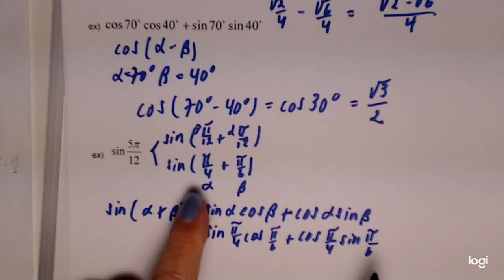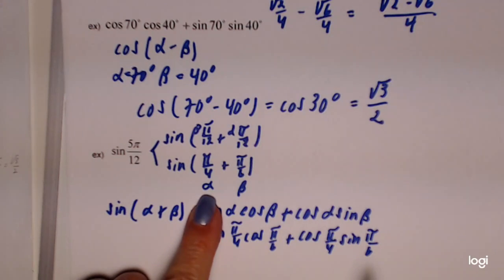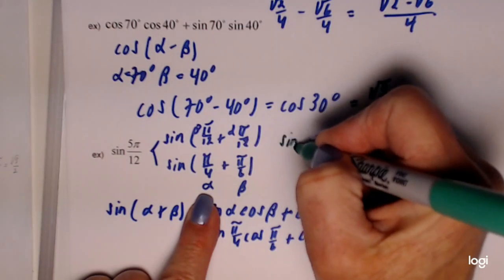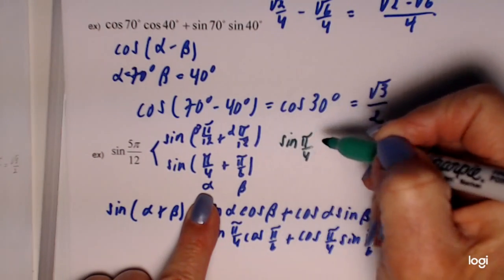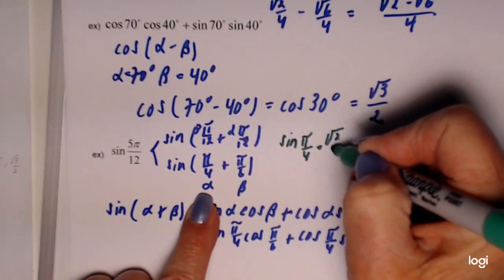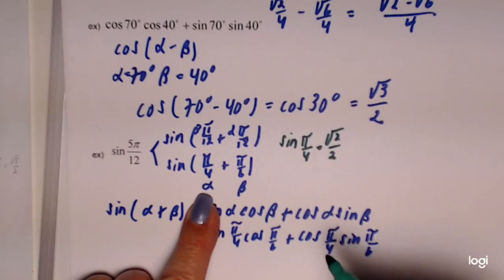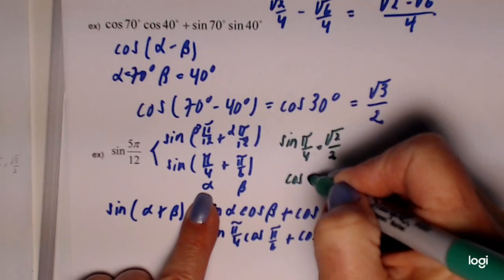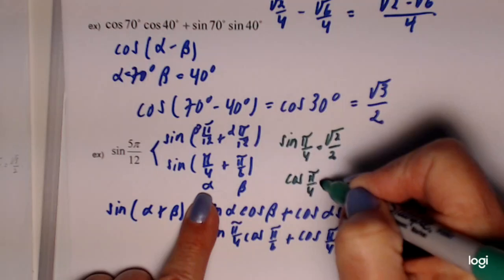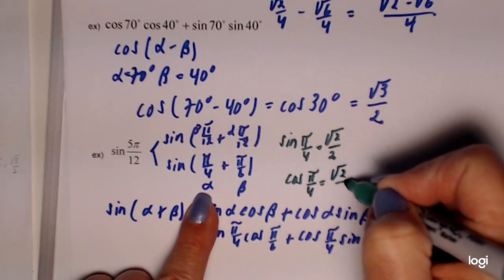So let me switch colors just because I get bored. Starting with our pi over 4, we need the sine of pi over 4, which we know is square root 2 over 2. And then we're going to need the cosine of pi over 4, which is the same, square root 2 over 2.